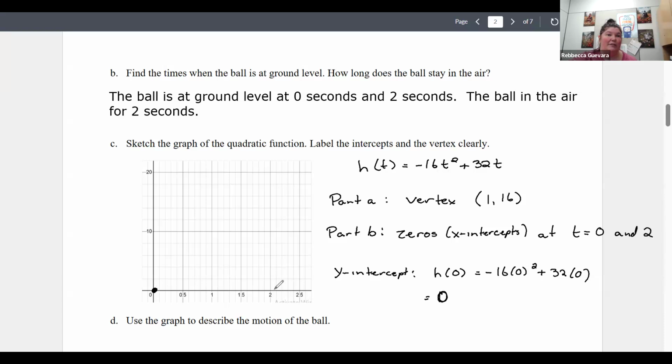So I'm at 0 here and here. And let me see, 10, 11, 12, 13, 14. Okay, it's counting by twos. So this is 12, 14, 16, 18. Okay, so this is my 16 right here. This is 1 and 16. All right, and I'll draw it as smoothly as possible.